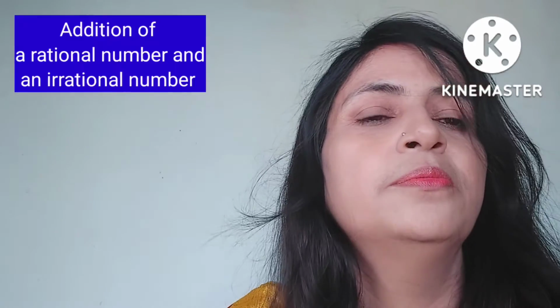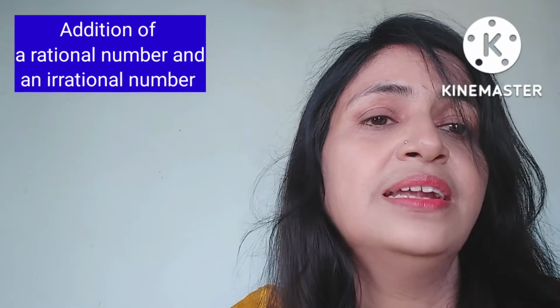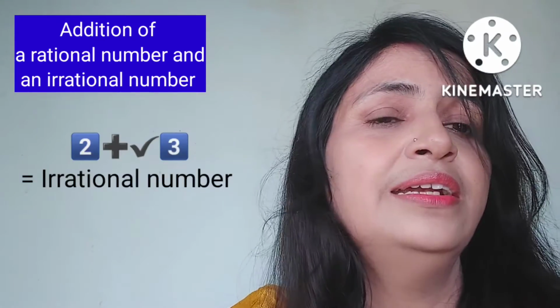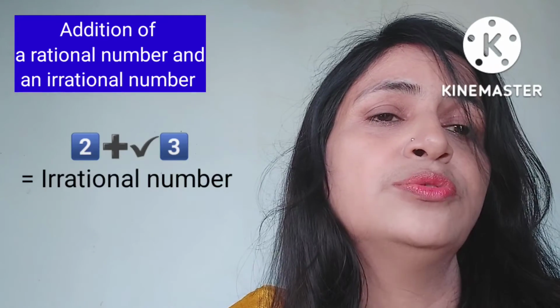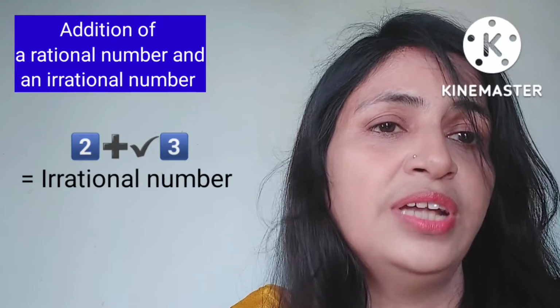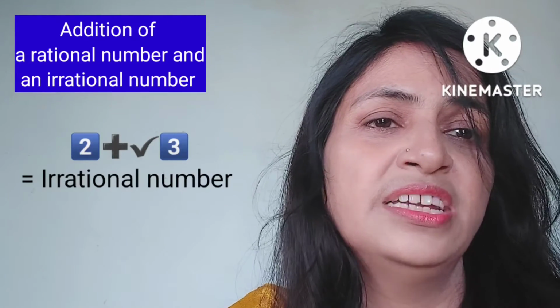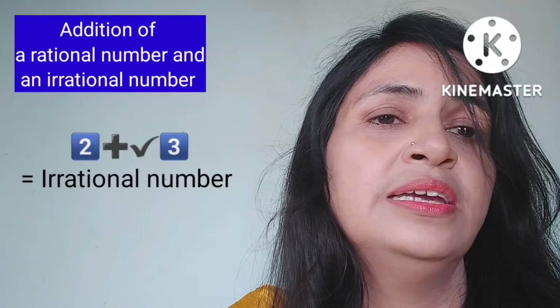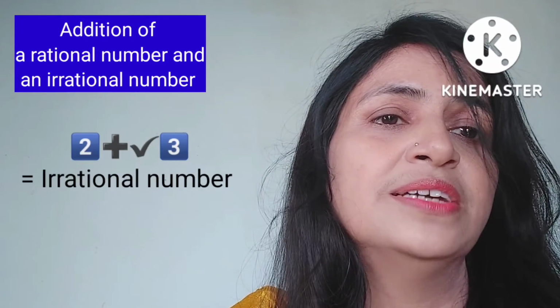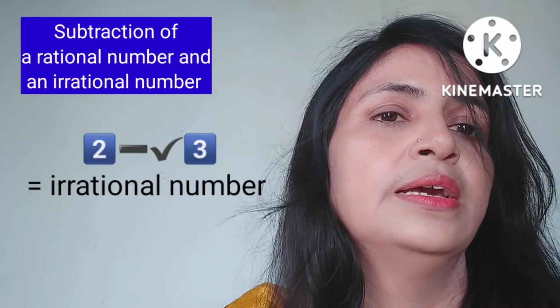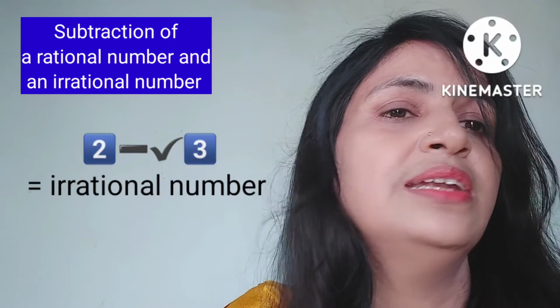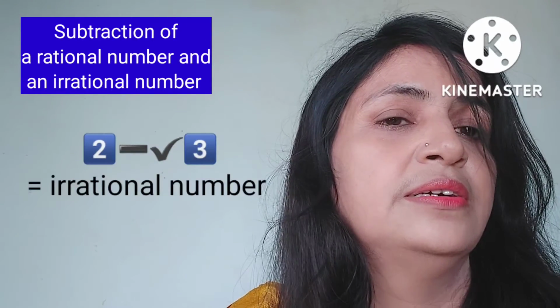Addition: 2 plus root 3, here 2 is rational, root 3 is irrational, and after addition we get an irrational number, because root 3 is a non-terminating decimal expansion, so 2 plus root 3 is also an irrational number. Now 2 minus root 3, here also we get an irrational number.